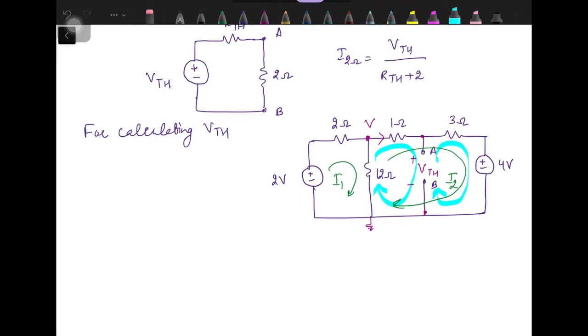We will write that equation later on. Firstly, let's find the values of currents I1 and I2, which we need for calculating VTH.